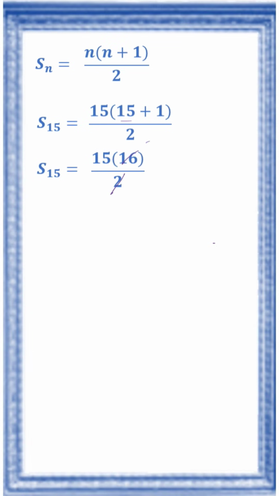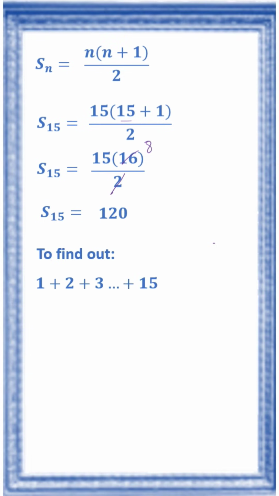This is 8. 15 eights, how much? 120. This is the total marks of the question paper, not Danya's. Okay. Here we have to find the sum of 15 terms minus the 5th question's mark plus the 6th question's mark, 5 mark question plus 6 mark question.